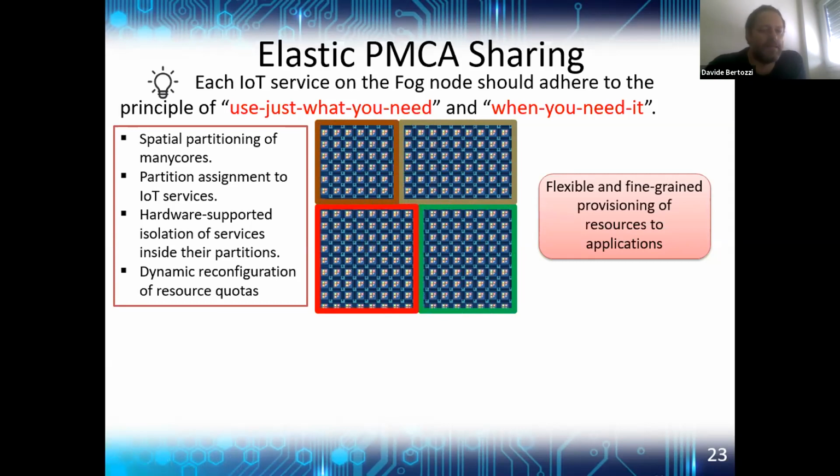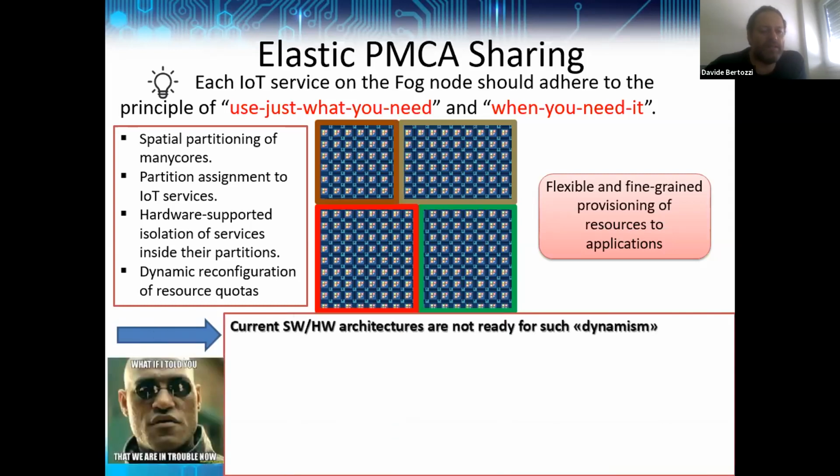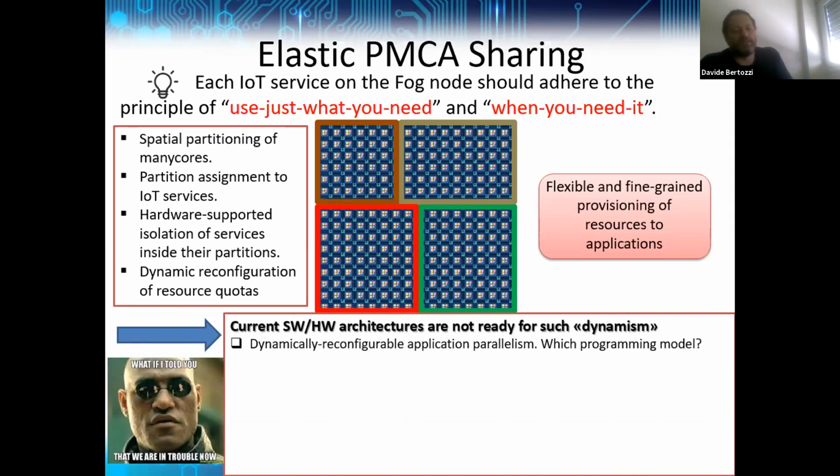That's the basic concept. That's the basic way to capitalize on elastic computing in order to efficiently share resources at the infrastructure edge. But the point is that now we are in trouble because current hardware software architectures are not ready for such dynamism. And there are a number of reasons for that. So first, you need applications whose level of dynamism can change over time.